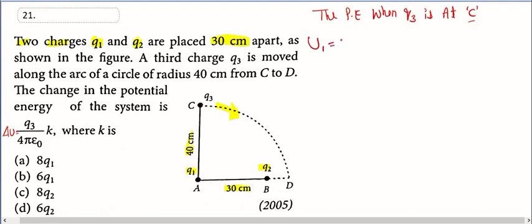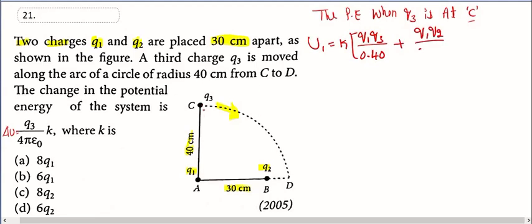U1 is equal to K, which is common, times Q1 Q3 divided by distance, which is 0.40, plus Q1 Q2 divided by distance, how much?